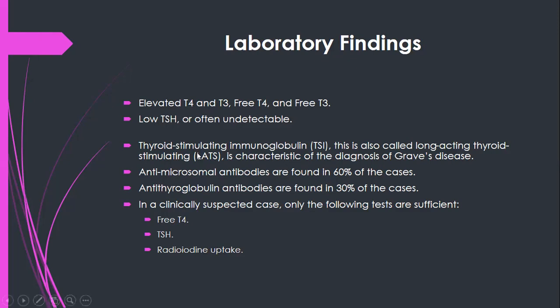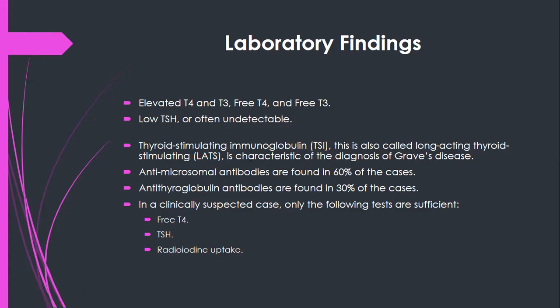However, these increased levels of T3 and T4 give a feedback to the hypothalamus to stop producing TSH because there is already a lot of these hormones, thus leading to low TSH levels. We call these antibodies thyroid stimulating immunoglobulin, or the LATS, long-acting thyroid stimulating antibodies.